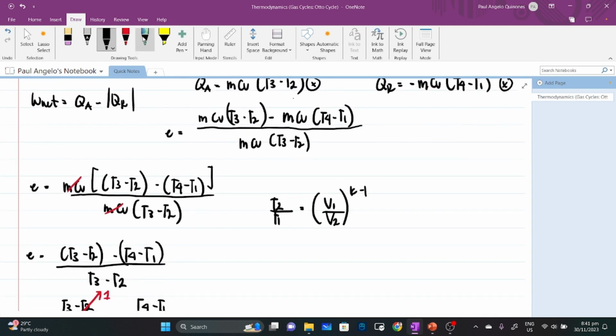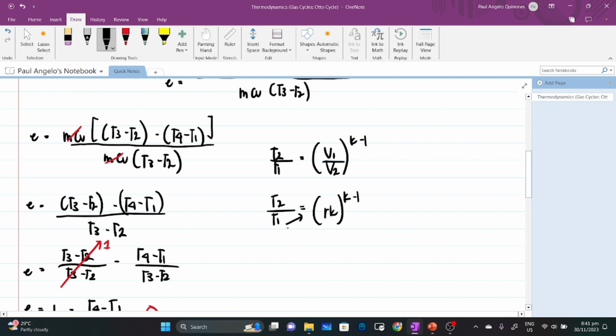Therefore, this entire term, V1 over V2, we can rewrite it as T2 over T1 is equal to RK raised to K minus 1. By solving T sub 2 on the left side, cross multiply T sub 1, we will have T sub 2 is equal to T sub 1 quantity RK raised to K minus 1. This is equation number 2.